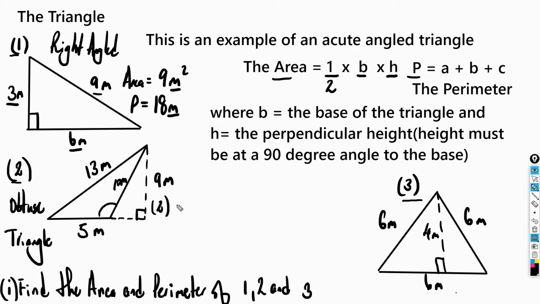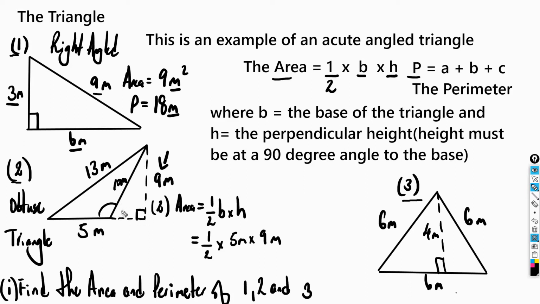So the area would be equal to the same formula, half base times height, right? So half base times height would give us a half multiplied by the base, which is 5 meters, multiplied by the height, which is 9 meters. And notice the height is this here, the perpendicular height. And this is actually 10 meters for the side here.